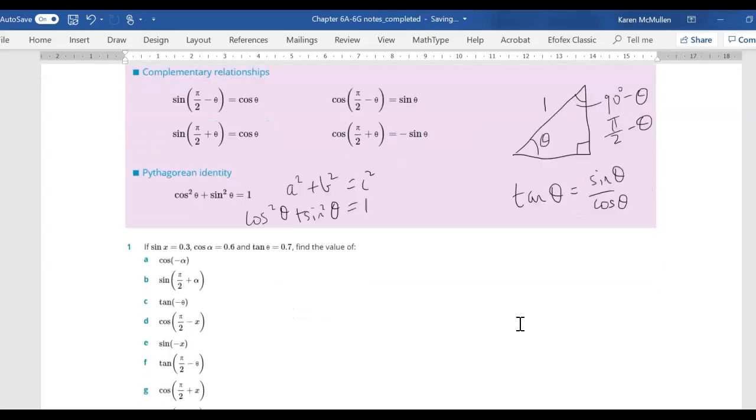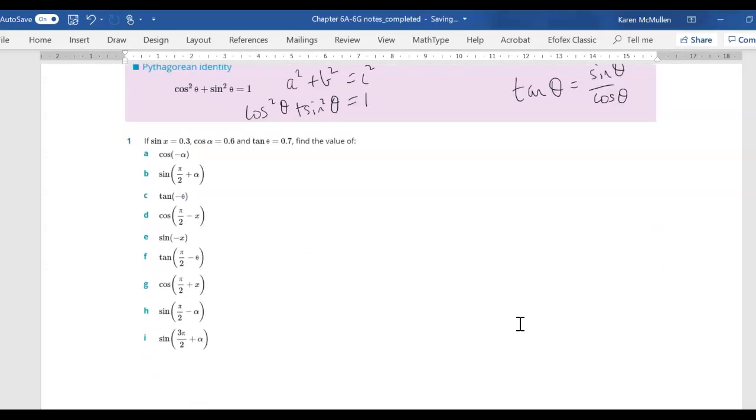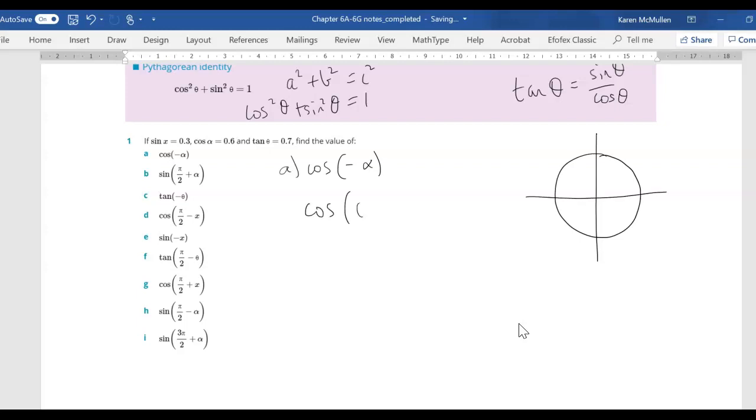Okay, it also helps, before I begin, to know where we are in the unit circle. We're still doing some questions in relation to the unit circle, so you do need to know which quadrant you're working with. With question A, where we've got cos of negative alpha, if I've got the unit circle here, we can rewrite negative alpha as 0 minus alpha.